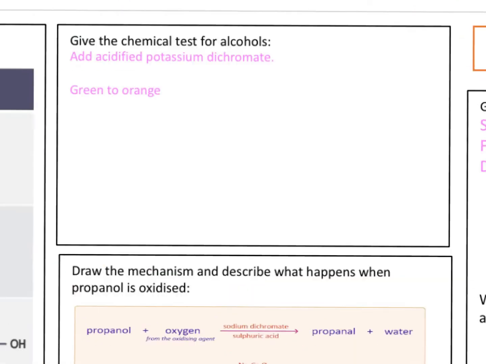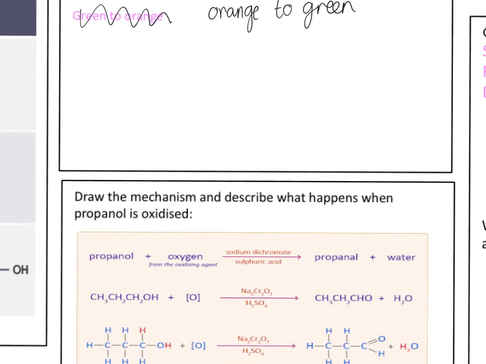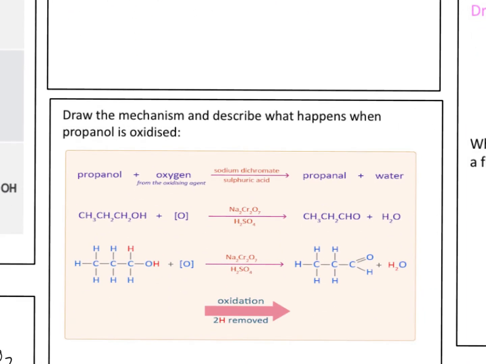How do you test for alcohols? Add acidified potassium dichromate and it'll turn from orange to green. What essentially is happening there is it's oxidizing, so it's gaining more oxygens.